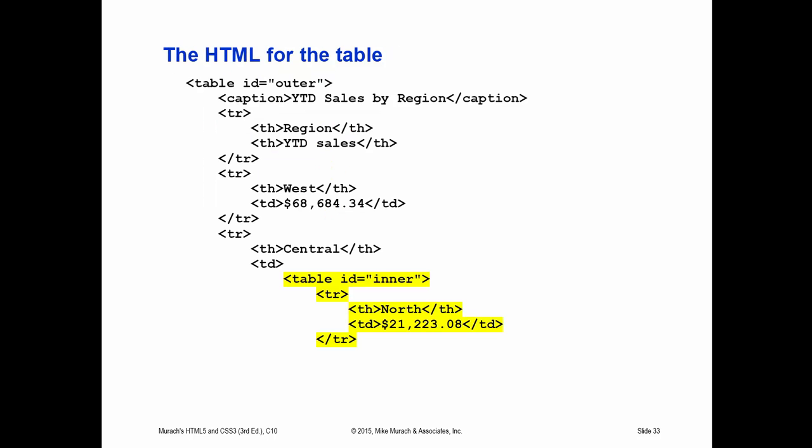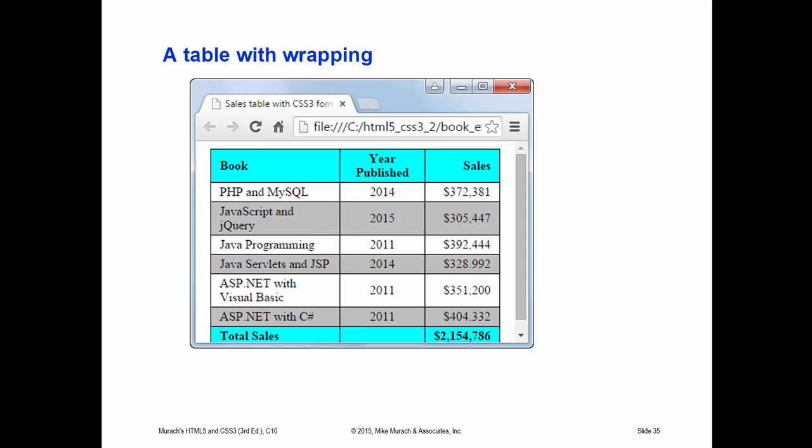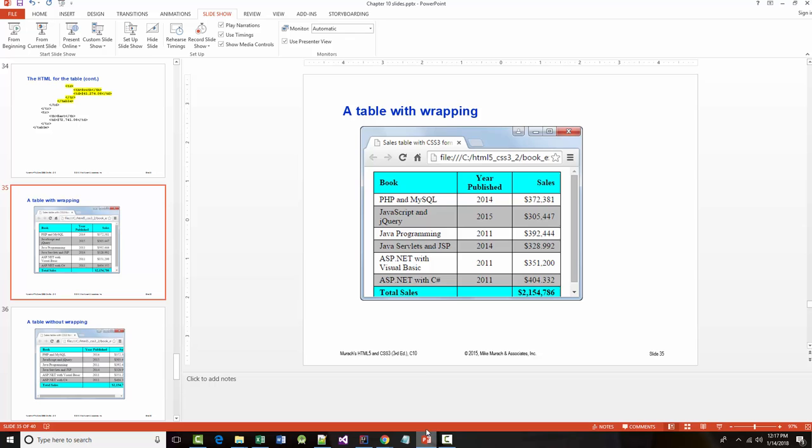All right? And then the last thing that's in here talks about wrapping. By default, the content of cells in a table will wrap to 2 or more lines if you size the browser window so the contents can't be displayed on a single line. So in other words, you're not going to really see this on mine, at least not too much.